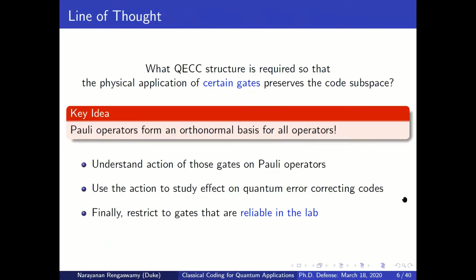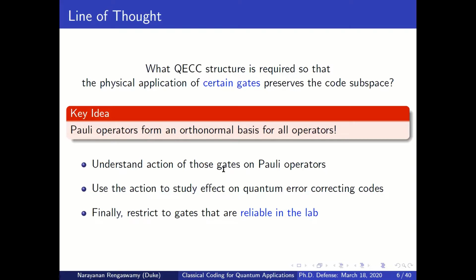And here is our overall strategy. It's helpful to keep this in mind throughout the first part of the talk. The key idea is that something that I'll define now called Pauli matrices or Pauli operators form an orthonormal basis for all operators. So you can express everything as a sum of Paulis. Then we understand the action of any lab operation you want to do, so gates.